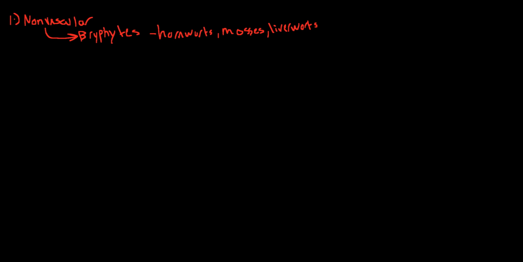Characteristics of bryophytes: they're very simple, so they're in the gametophyte stage most of their life. They live in moist areas. All of their sperm is flagellated.